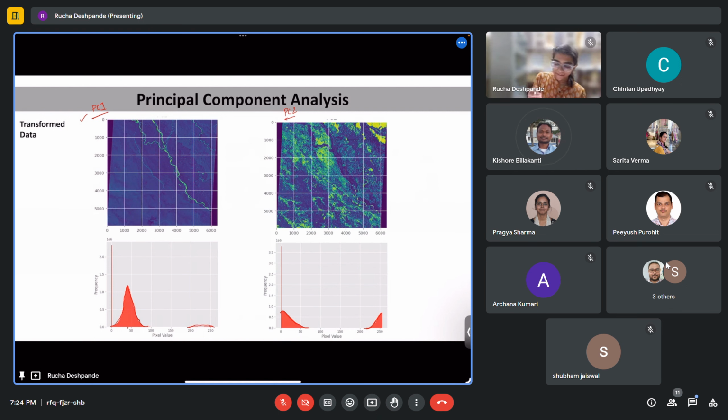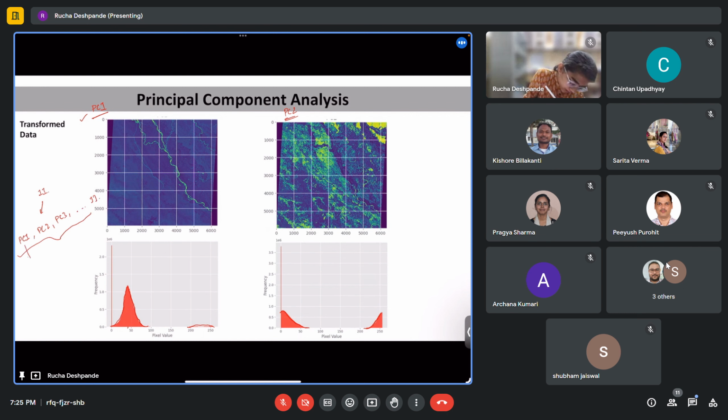No. Suppose we have n number of bands. If we are talking about Landsat, we have 11 bands, but that is not very feasible. So we do dimensionality reduction, and then we calculate different principal components. We can calculate any number of principal components up to 11. It is up to us how many components we choose.